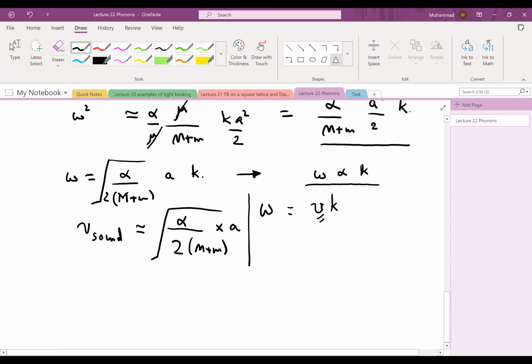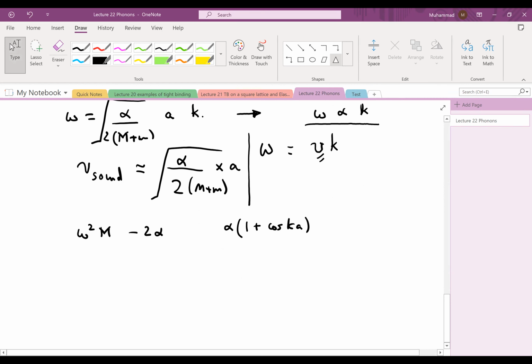So if you remember, our characteristic equation was omega square m minus 2 alpha, 1 plus cosine Ka, and here we have omega square small m minus 2 alpha, and then again we have alpha 1 minus cosine Ka.